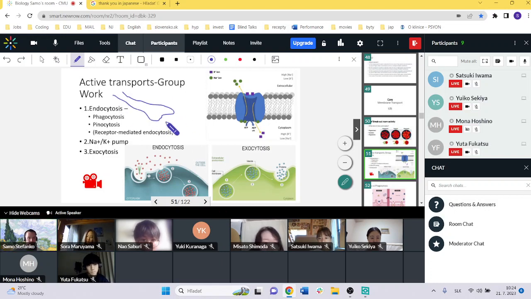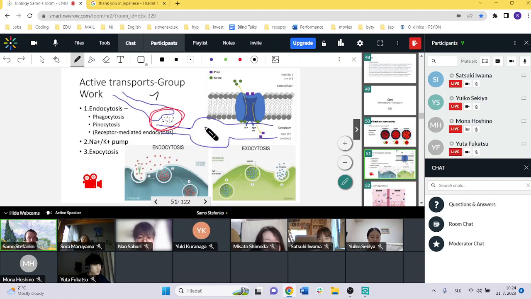This is one part of a neuron. This is another part of a neuron. Okay, and here between them we have a gap. We call it a synapse. And in this synapse, we release neurotransmitters.